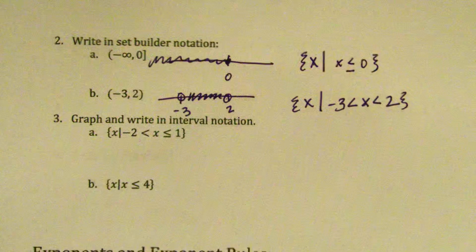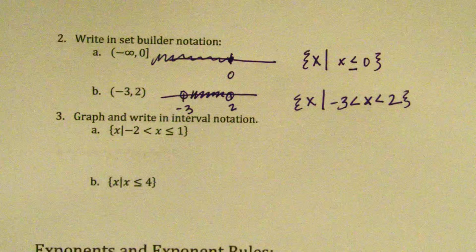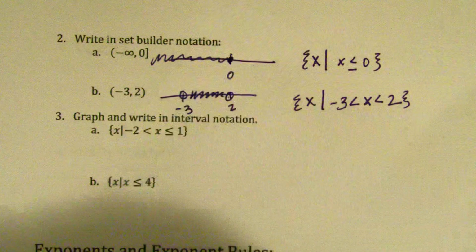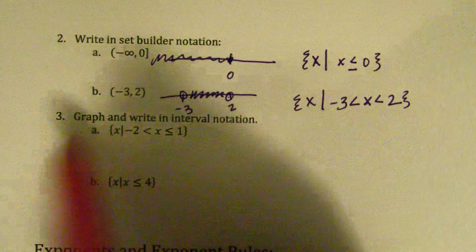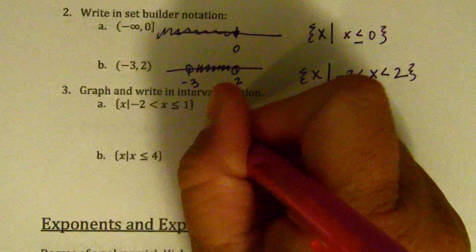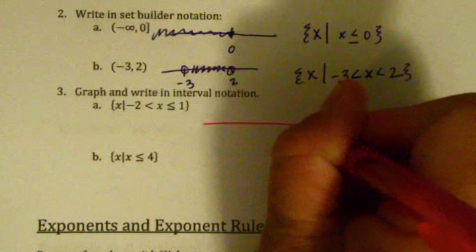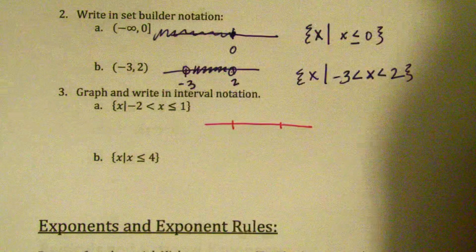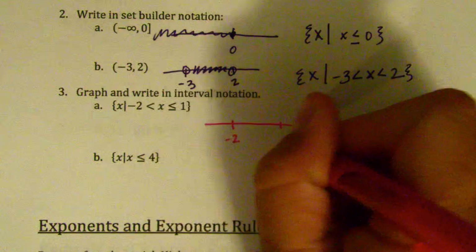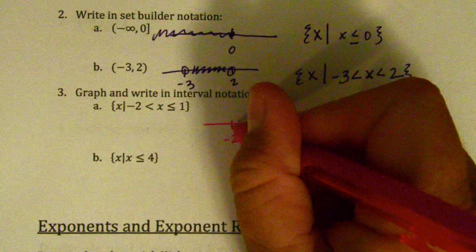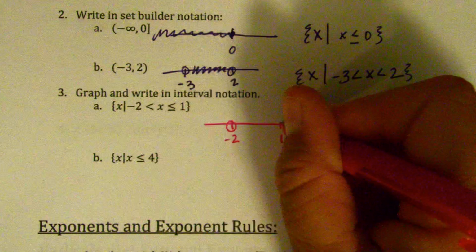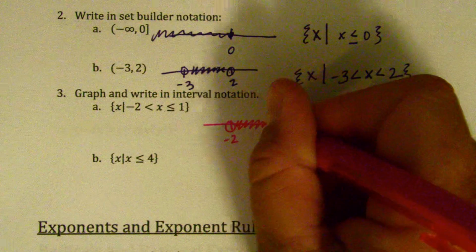If I'm given set builder notation and want to write it in interval notation, here it asks me to graph and to write in interval notation, so it is explicitly telling me to graph this. So we've kind of already practiced this here. -2 and 1, open dot at -2, closed dot at 1, and all the values between.